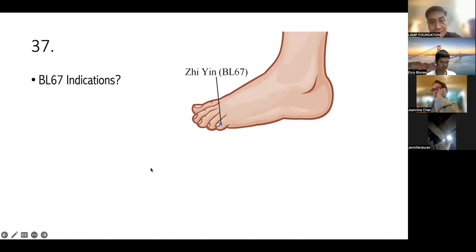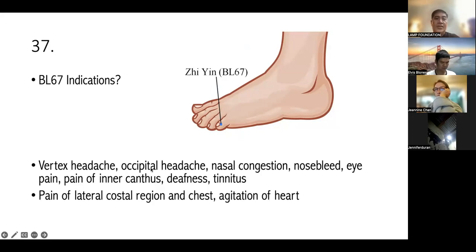Use moxa also to turn the breech fetus. Good for vertex headache, occipital headache, nasal congestion, nosebleed, eye pain, pain of the inner canthus. Okay. So if you notice again, parang you brought the entire head to the foot, di ba?